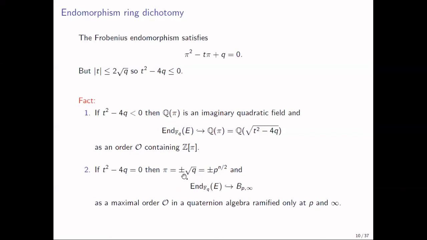Then pi is plus or minus square root of q, and in this case, the rational endomorphism ring actually embeds into a quaternion algebra, which you can specify as ramified only at the prime p and infinity, and it also embeds as a maximal order. Okay? So this is just this big statement about how the endomorphism ring behaves. But the important thing is that if the discriminant of this quadratic is non-zero, then you're in this imaginary quadratic field, and if the discriminant is 0, then you end up in a quaternion algebra.